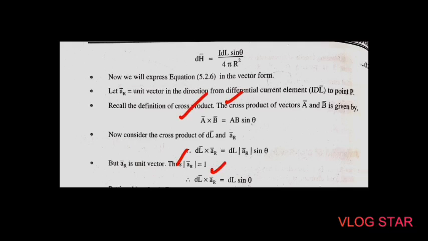It will give dL into aR into sin theta. But here aR bar is the unit vector, and we know that the value of a unit vector is always 1. So we can write dL bar cross aR bar is equal to dL sin theta.